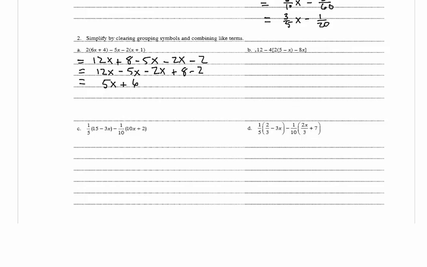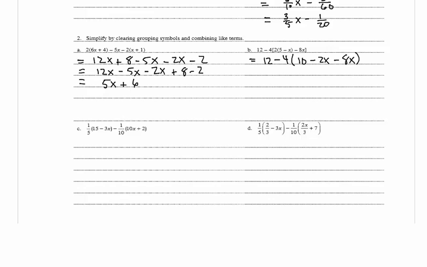In B, we have 12 - 4(2(5 - x) - 8x). So the first thing that we're going to want to do is distribute the 2 times (5 - x). So we're going to have 12 - 4 times, now we have 2 times 5 is 10, minus 2 times x is 2x, and then we have minus 8x.